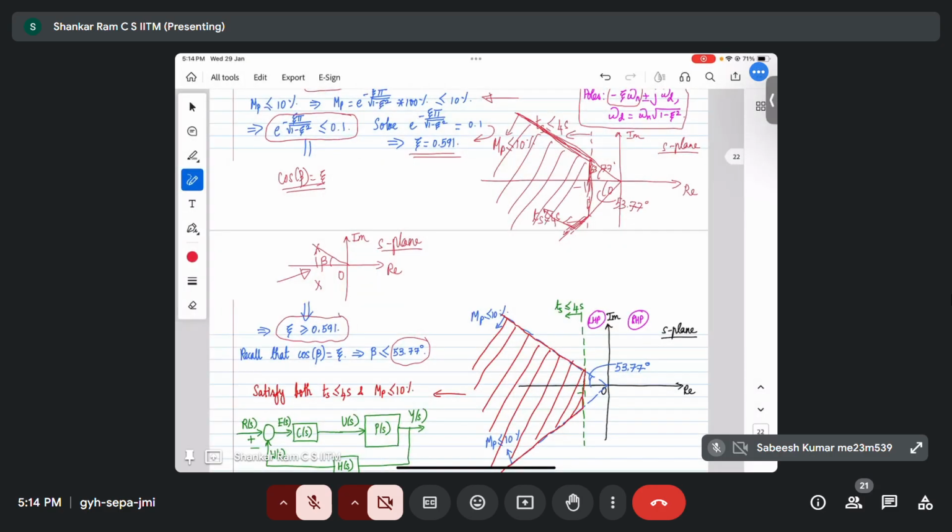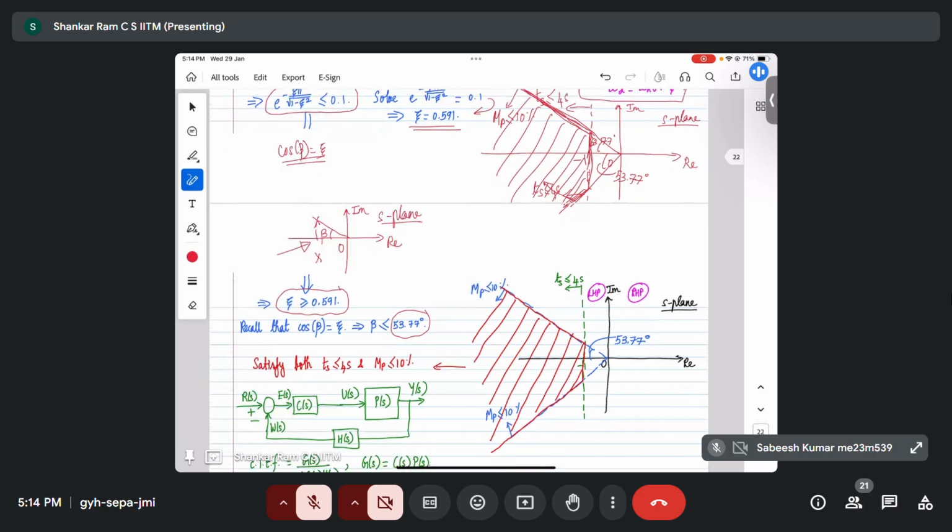For settling time, we should have all poles to the left of -1. For peak overshoot, we should have all poles in the cone. The intersection will be the region which satisfies both the settling time and peak overshoot conditions.